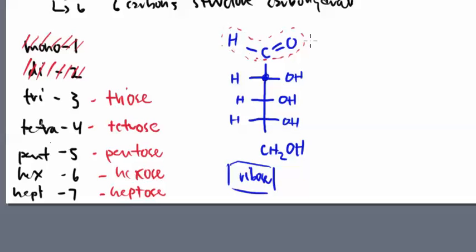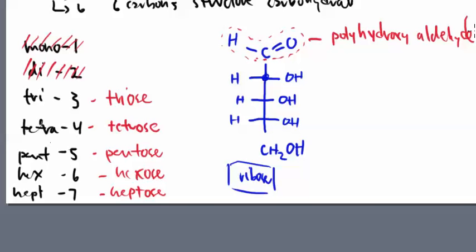So that means that this is a polyhydroxy aldehyde. Okay, so that was easy enough, right? You should be able to take a look at these structures and say that is an aldehyde functional group. So what I have here is a polyhydroxy aldehyde. All right, so there's the first classification scheme down.